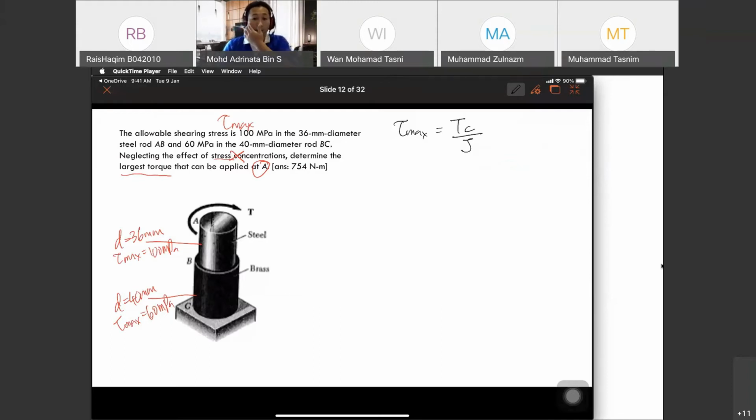So torque ni kena cari lah. C untuk kedua-duanya, C kita ada, CAB dengan CBC. Bila ada C, kita boleh cari J. J equals to pi over 2 C to the power of 4.